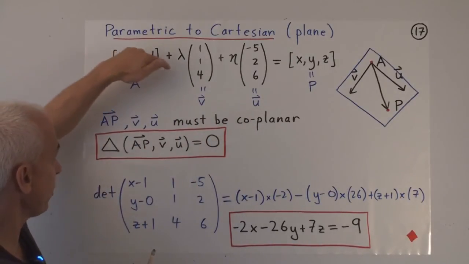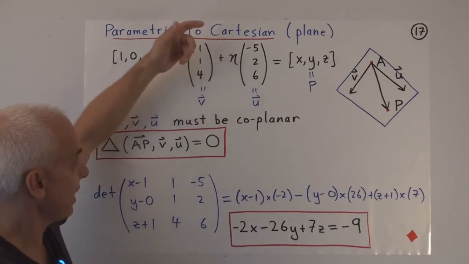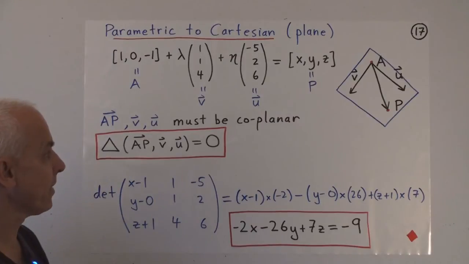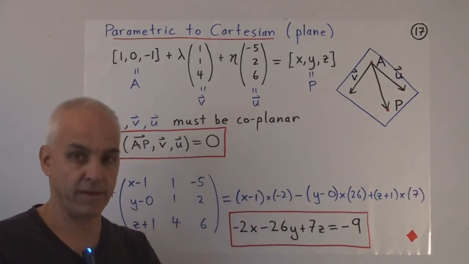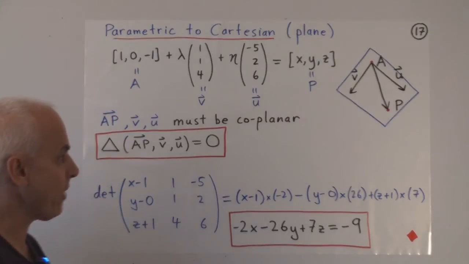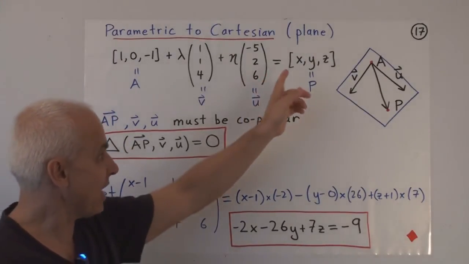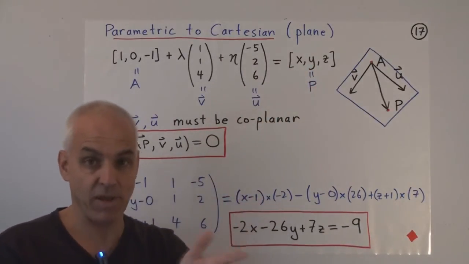We start at the point and we go any multiple lambda of the first vector v plus any multiple, say, eta of the vector u. And that should be an arbitrary point x, y, z on the plane. Now we want to go to an equation which is Cartesian. In other words, simply a linear equation in x, y, z representing the same plane.